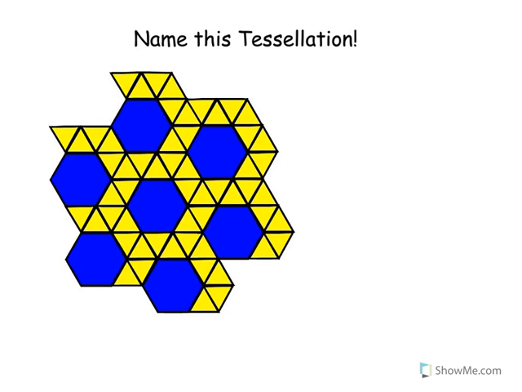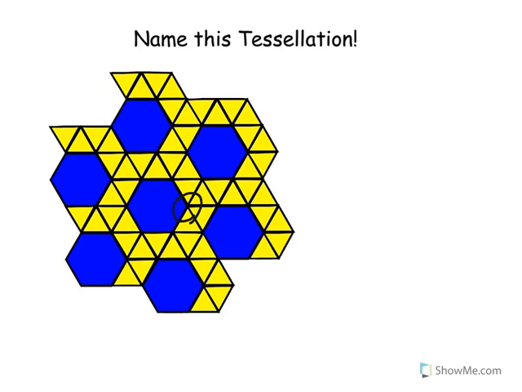Alrighty, now this one's yours to practice on. I want you to pick a vertex, write down the number of sides for each shape that you run into, and then order them from least to greatest. Pause the video now to name that tessellation. Alrighty, let's give it a shot. Here we have this one.